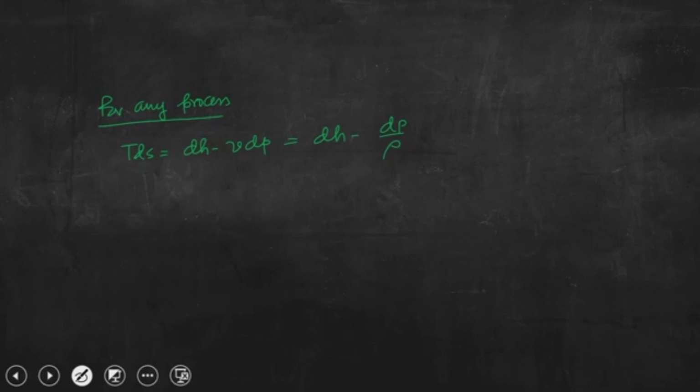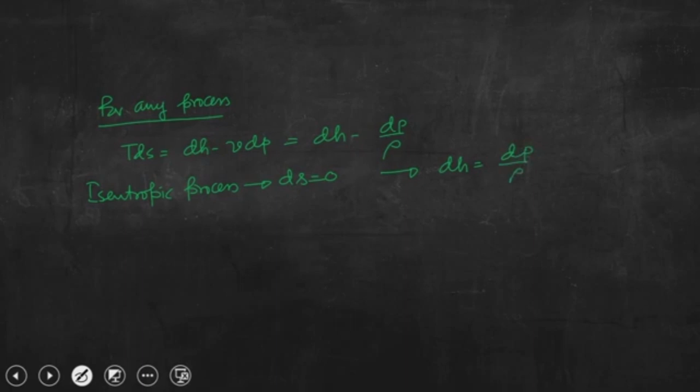Now, we have assumed an isentropic process. If we consider an isentropic process, that means ds equal to 0, there is no change in entropy. So, we can write dH equal to dP by rho.